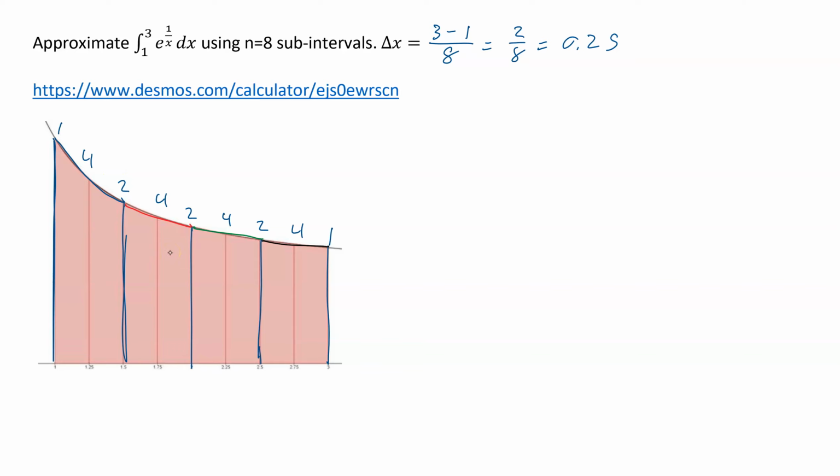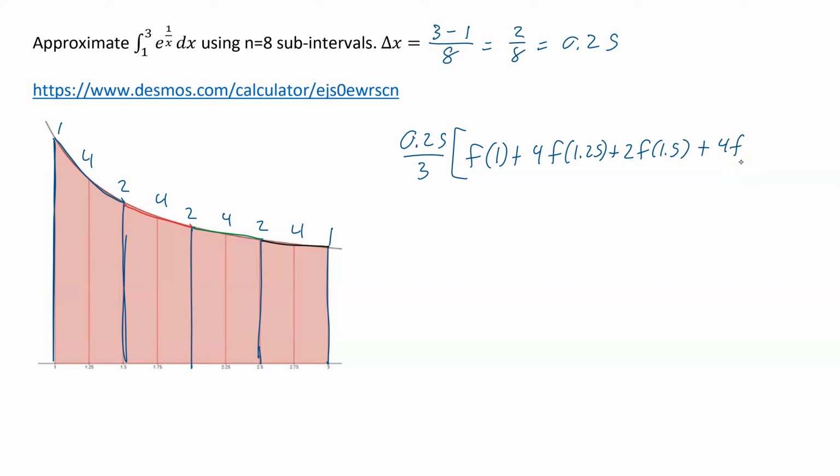So we end up with 0.25 over 3, and then we're going to go f of 1 plus 4 f of 1.25 plus 2 f of 1.5, because again, our difference is 0.25. So we're just adding 0.25 as we move through the problem.